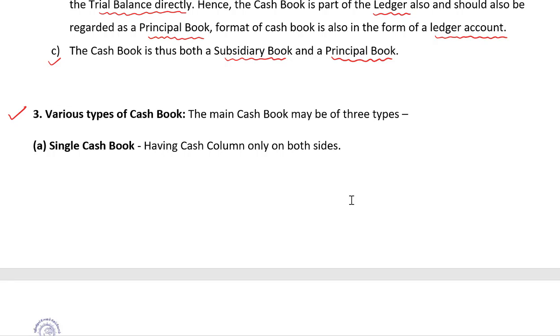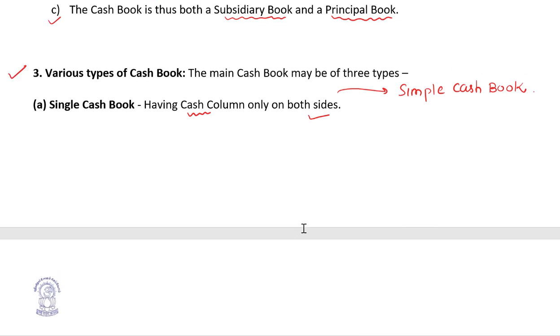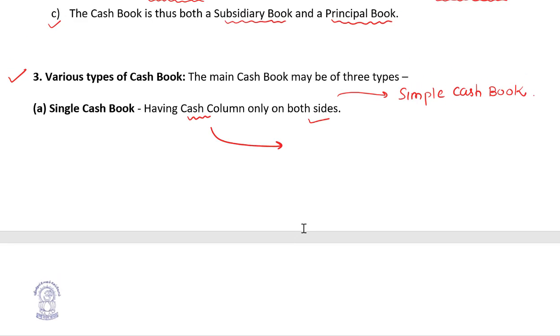This single column cash book is also known as simple cash book, where in case of amount we have only one column, and that is cash column. We have two column cash book and we also have three column cash book. So single column cash book has cash column only on both the sides. This is basically same as ledger account.